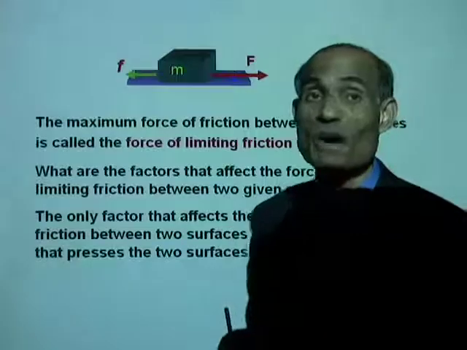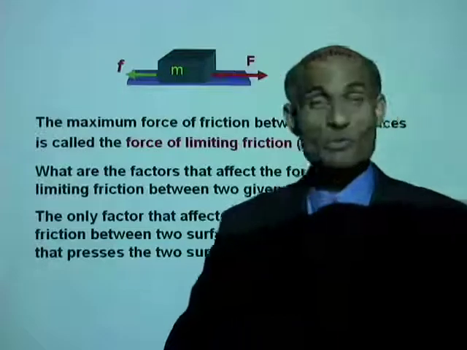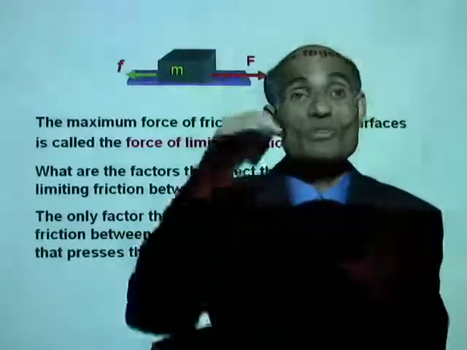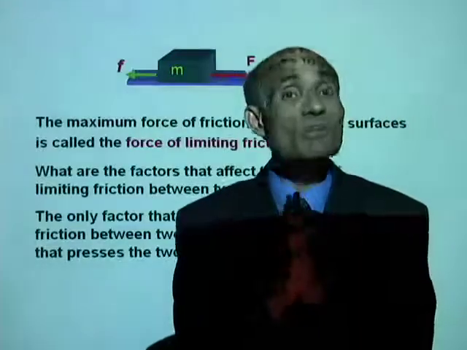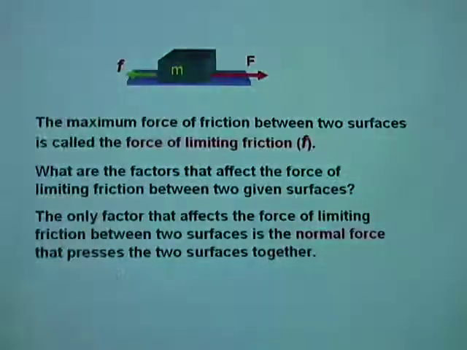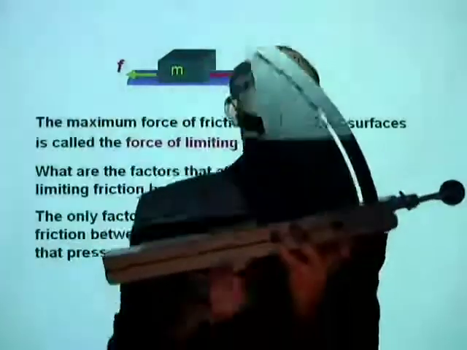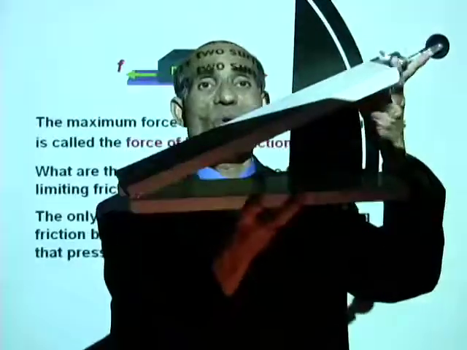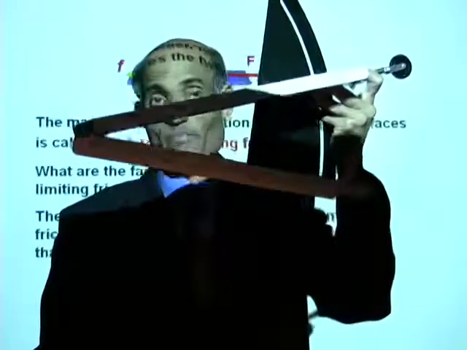We have talked about this normal force several times. When the two surfaces are horizontal, the normal force is equal to mg, the weight. Do you remember, if an object is placed on an inclined plane, what is the normal force in such a case?